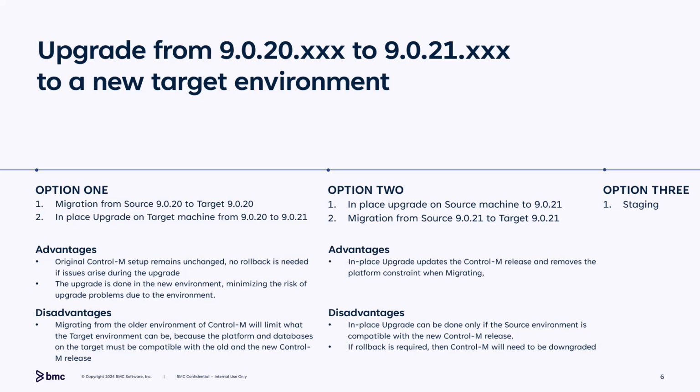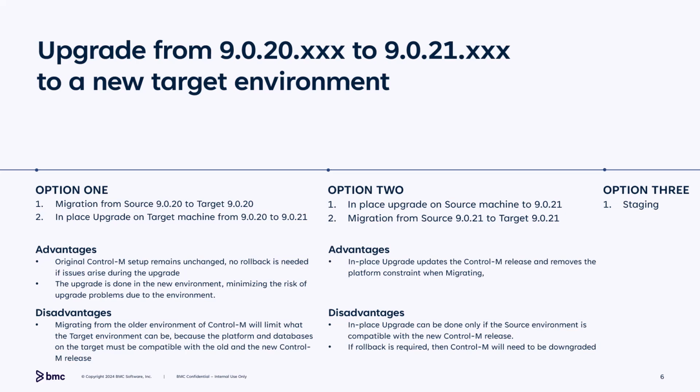Prerequisites for using migration as opposed to doing an in-place upgrade is having exactly the same Control-M release on the source and the target machine. The platform and database can obviously be different. After the migration, step 2 of the first option is to perform an in-place upgrade in the target environment to Control-M release 9.0.21.